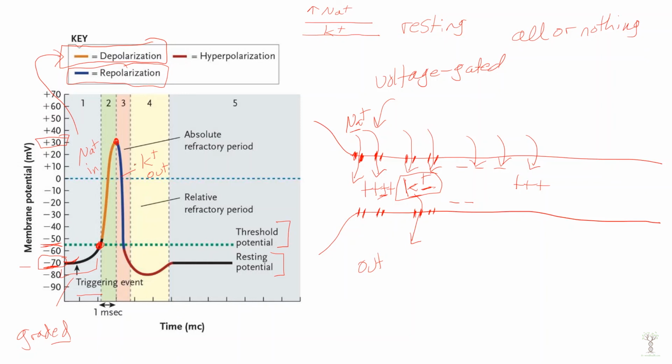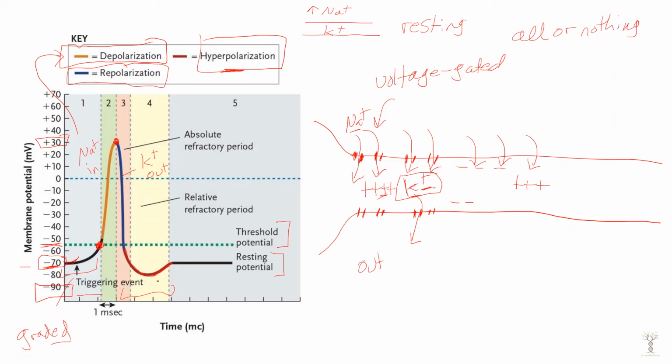Now, the potassium channels stay open a little bit longer than necessary to bring it back to exact resting membrane potential. So there is always this phase here where the membrane actually becomes a little bit more negative than normal. And this phase here is called hyperpolarization. It's more negative than normal.